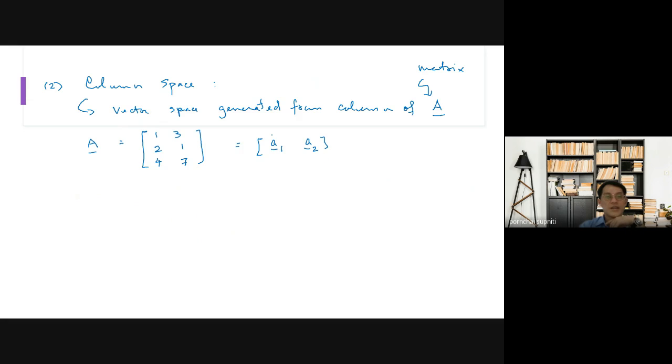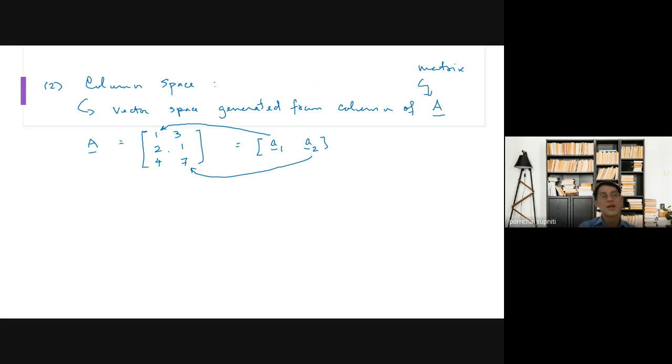So A1 represents this column and A2 represents this column. And we write this with the notation that we always define a vector as a column vector, so that it is easier to talk and to understand each other.